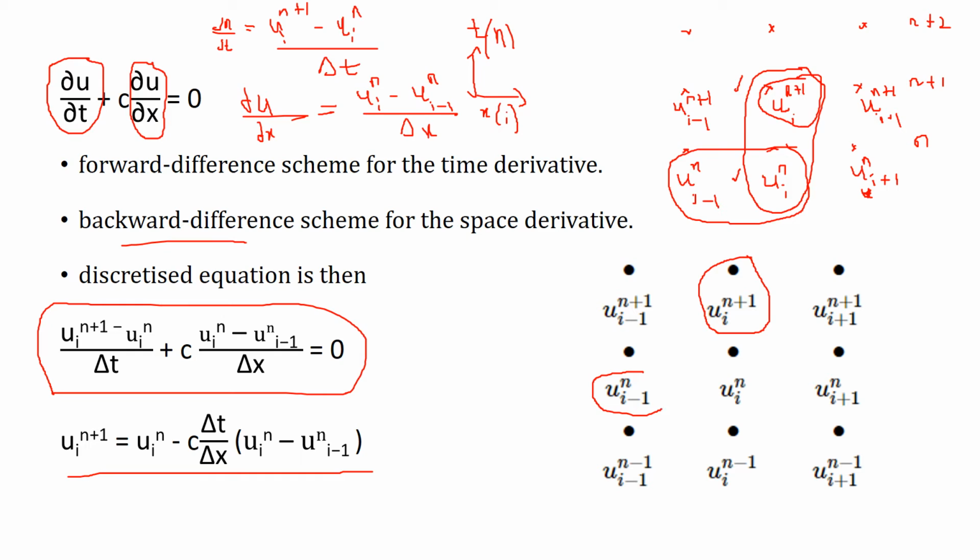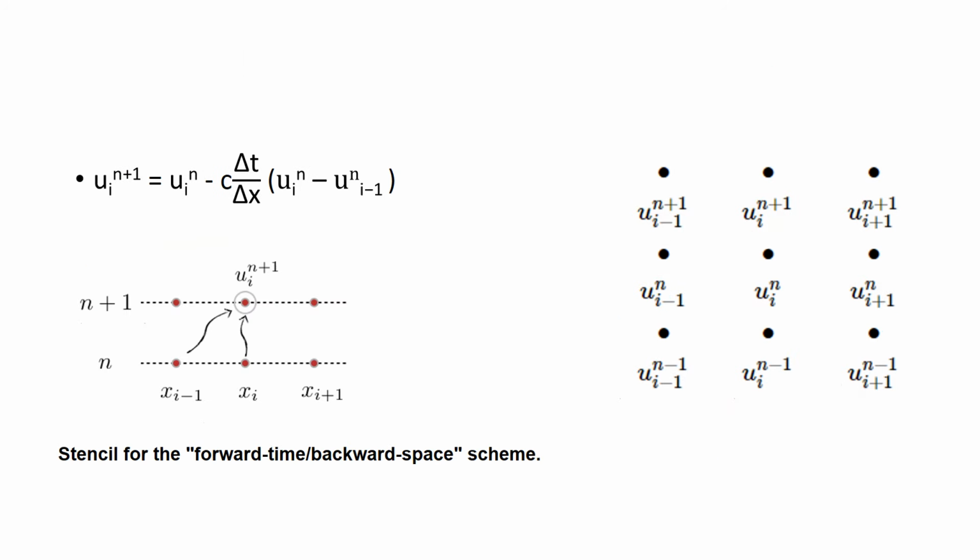So what we are doing here is we are finding the value of this point based on this point and this point, that is u_i.